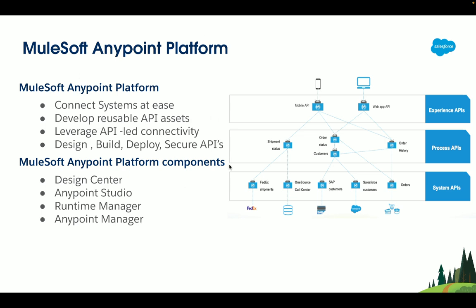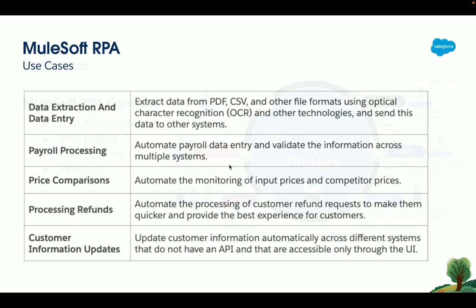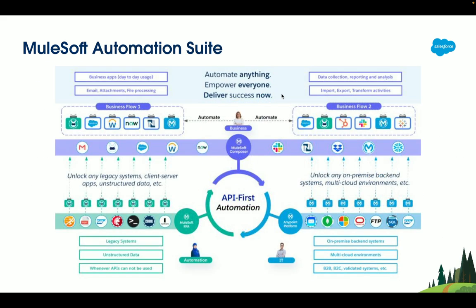Now, if you think over here, this is your entire MuleSoft automation suite, where we can connect to systems that don't have an API exposed, or to systems that do have an API exposed, without writing a single line of code.